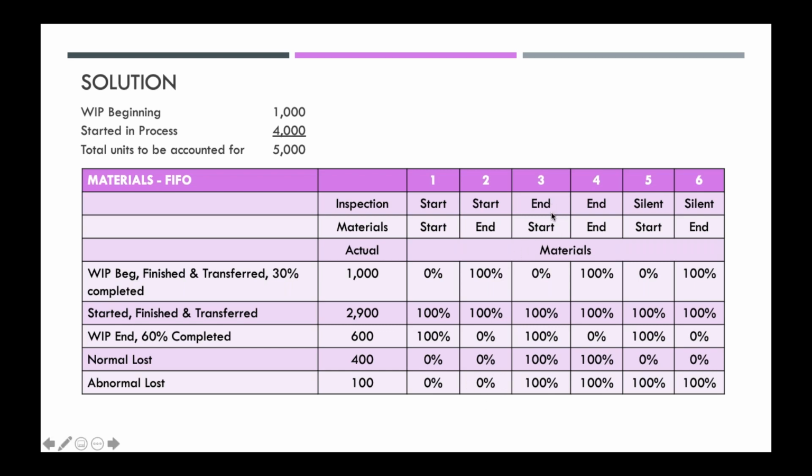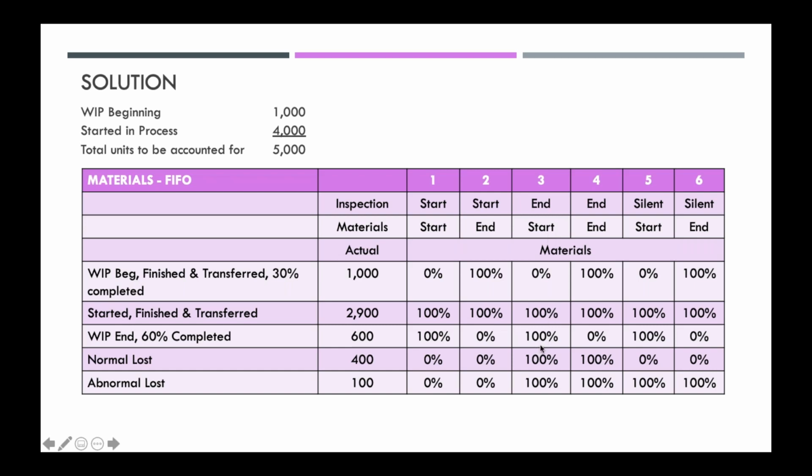Third scenario, inspection point is at the end, materials at the start. So yung work in process beginning, walang materials kasi materials at the beginning, meron na yung materials nung nakaraang buwan pa. Started, finished, and transferred 100%. Work in process end 100% kasi materials is added at the beginning.